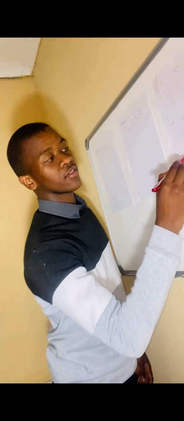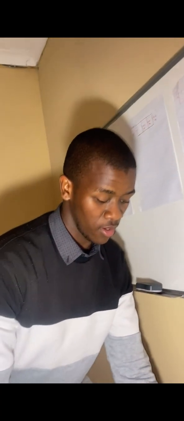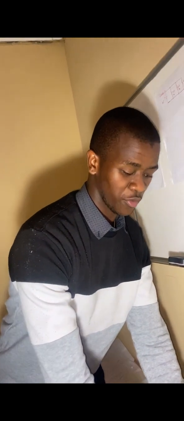What you can bear in mind again is, in a parallel connection, your V parallel is equal to V1 equal to V2. Meaning, how do we know that it is a parallel connection? Because it has more than one pathway.